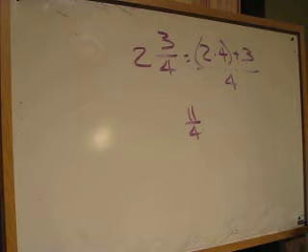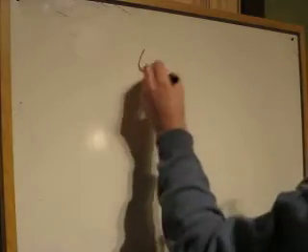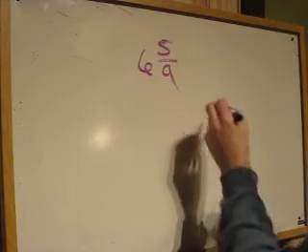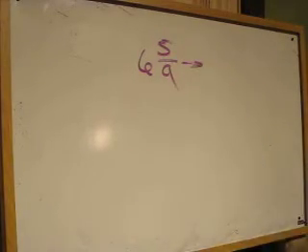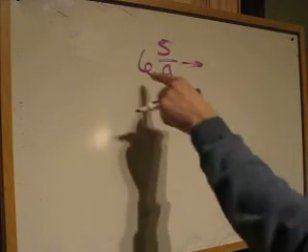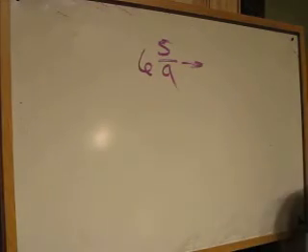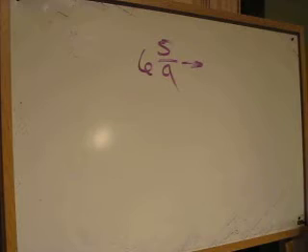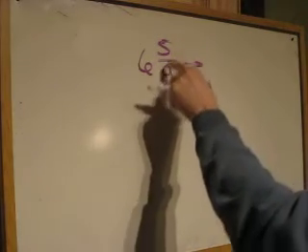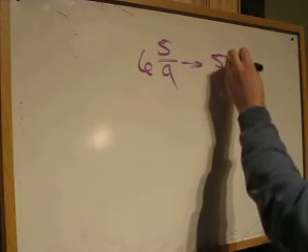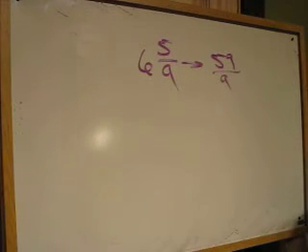If we were to do one like 6 5/9, without going through that one step that I've been showing, let's just do it. 6 times 9 is 54. And then we're going to add 5. And we get 59 over 9 for an answer.